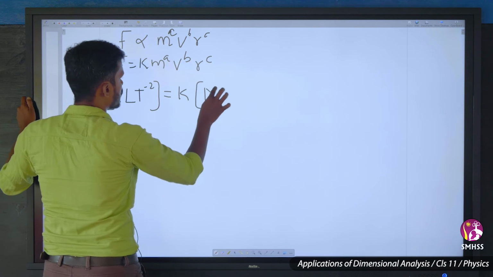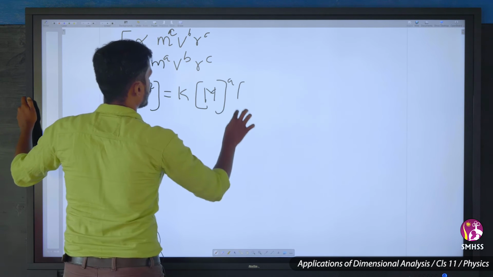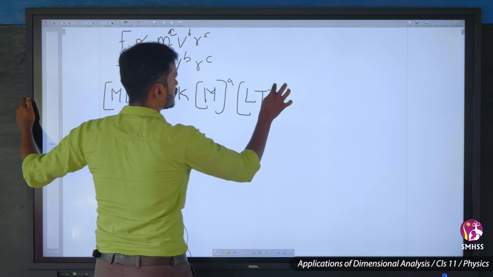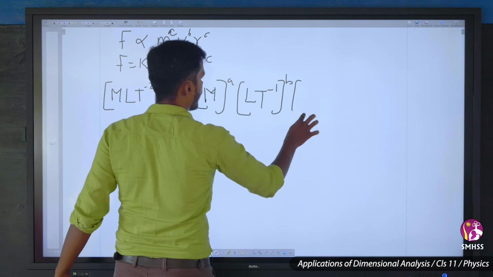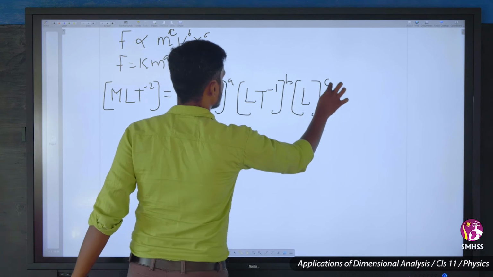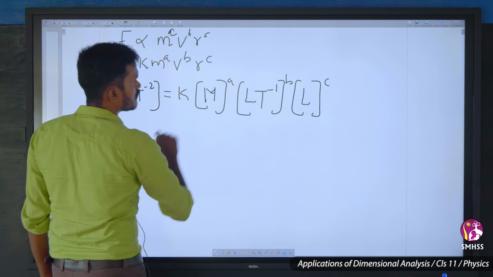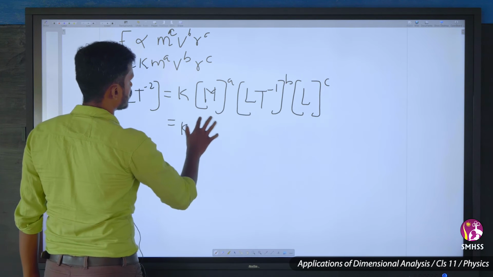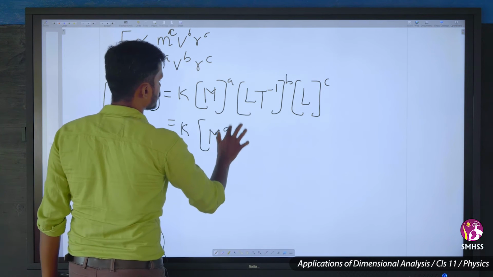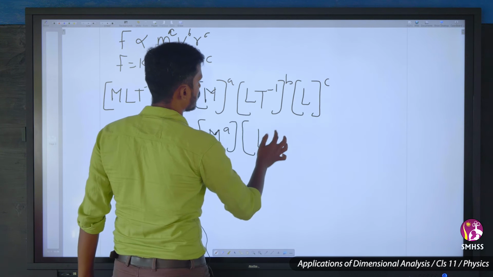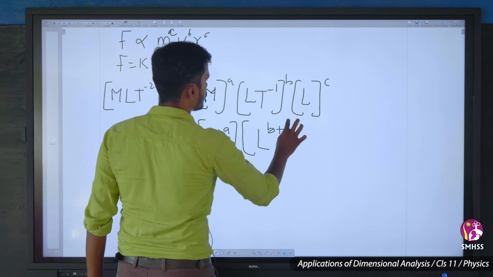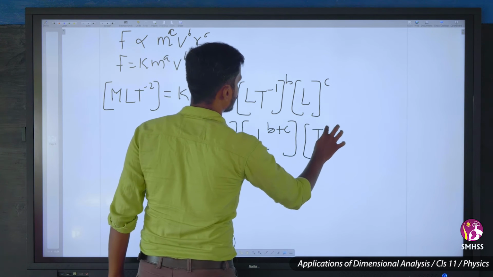Again for mass M^a. For velocity L T raised to minus 1, power b. For radius it is nothing but length, power c. So solve here: M^a L^(b+c) T^(-b).